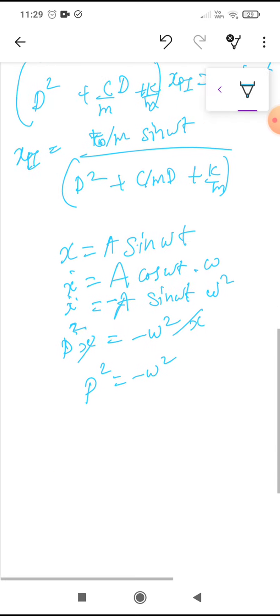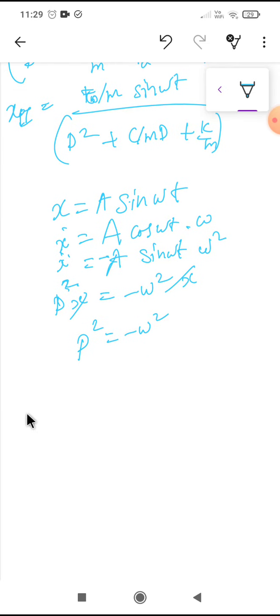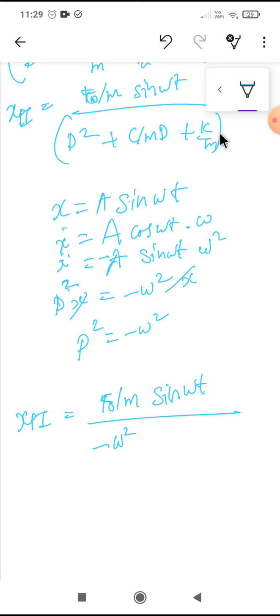So x_pi will be equal to F0 by m sine omega t divided by minus omega square. Now I'm taking k by m on the left, so that is k by m minus omega square, plus.